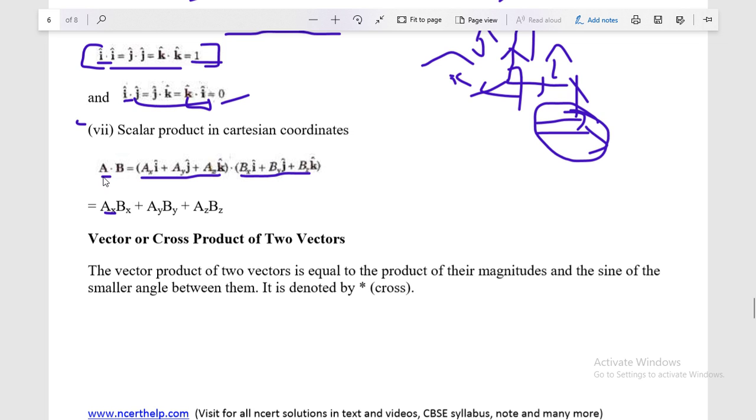So if you want to find the value of a dot b, then write them in component form and take the product with the same unit vector. The others will be 0, because any two are perpendicular to each other.